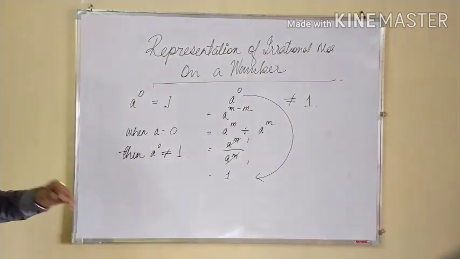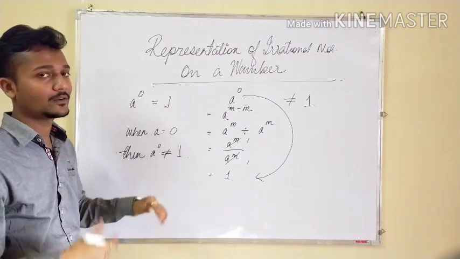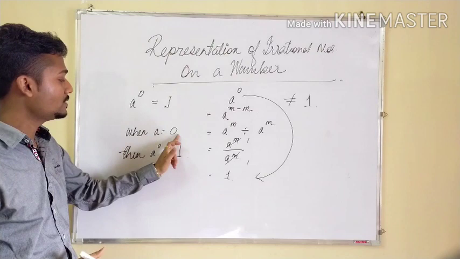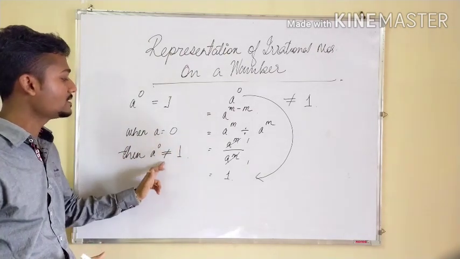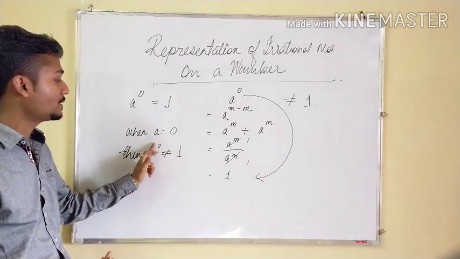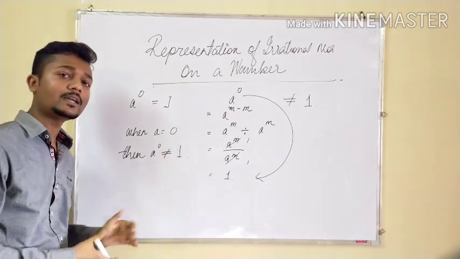How much will be the value of a to the power 0? You need to find out by yourself. That I will not show you. When a is equal to 0, then a to the power 0 is not equal to 1, I am saying that. Then what will be the value of a to the power 0, if not 1? That you have to try at home.